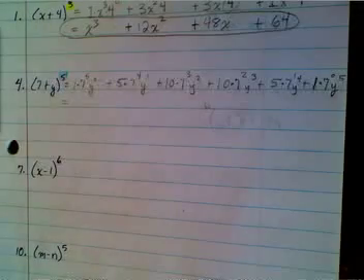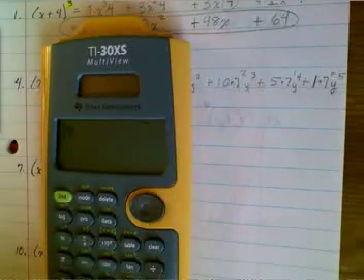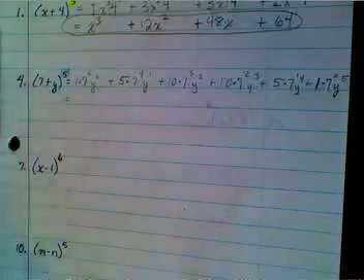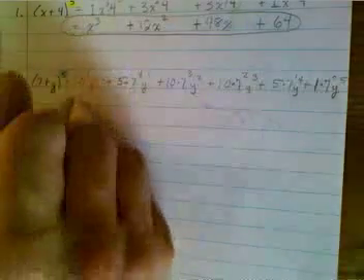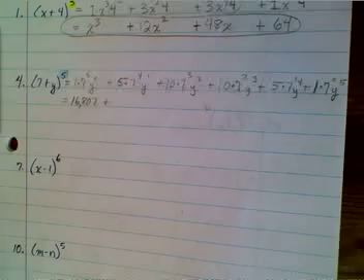Now 7 to the 5th power is a big number, and I don't have that one memorized. 7 to the 5th is 16,807. In other words, 16,807 plus 7 to the 4th times 5.